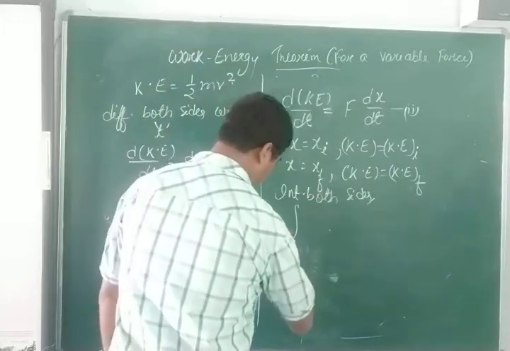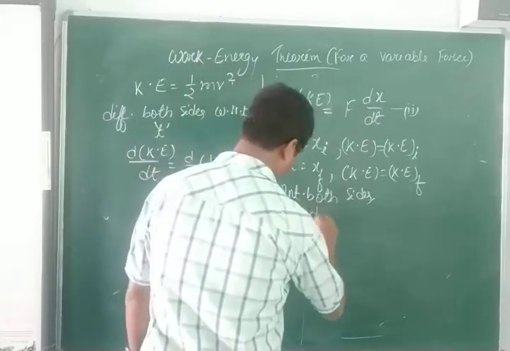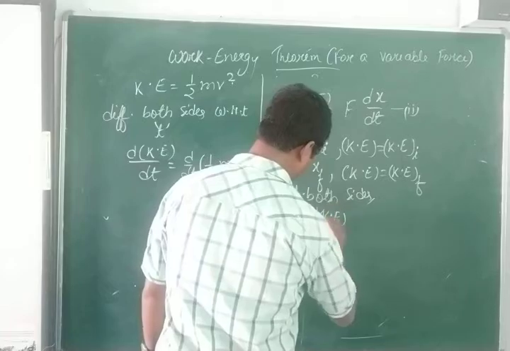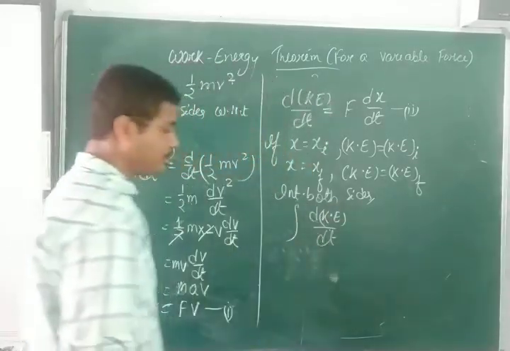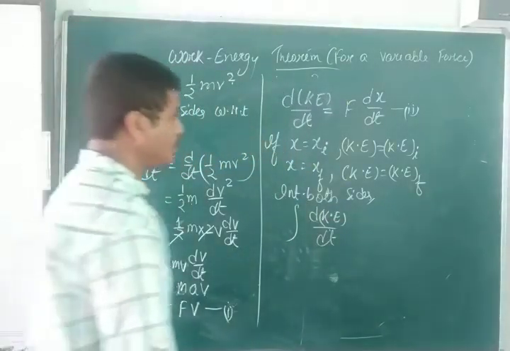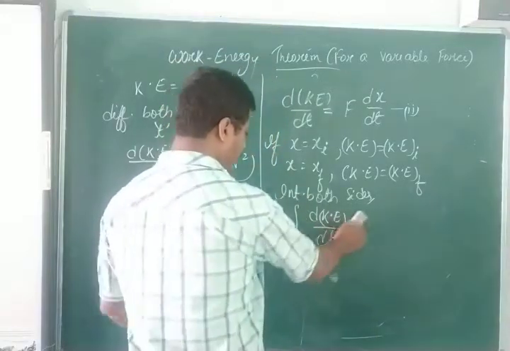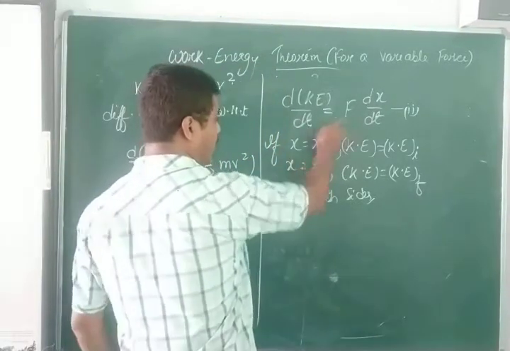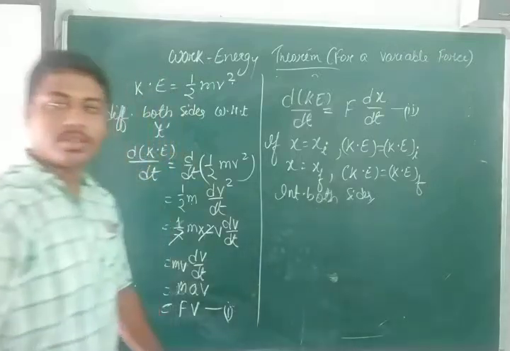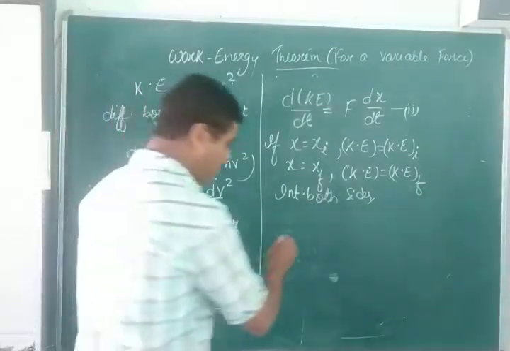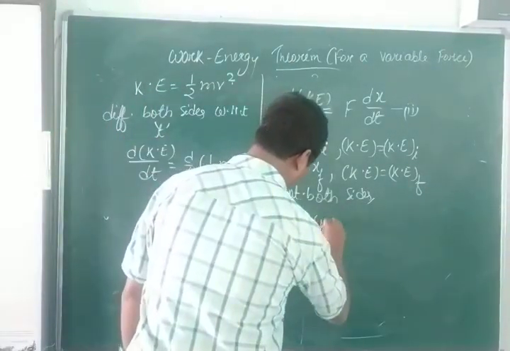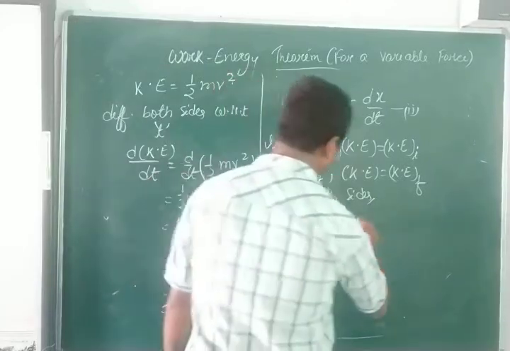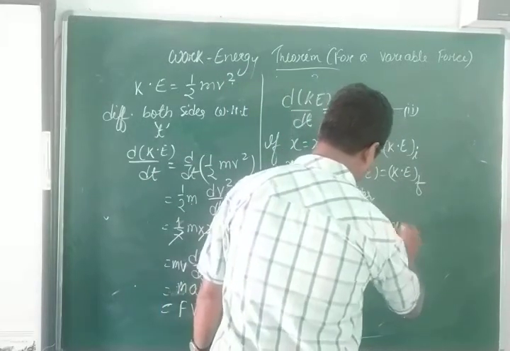We get the integration of dKE by dt. If you do the integration, you can see both sides have dt, so you can cancel out that dt. What is left is dKE equals F into dx.